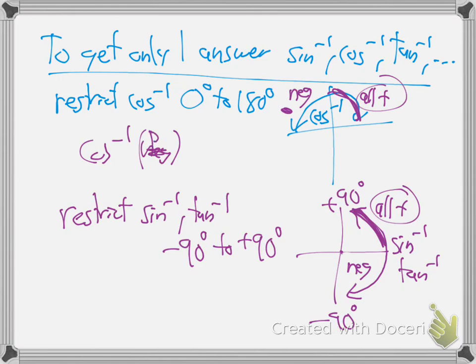If it's cosine inverse of some positive thing, then for sure first quadrant, all are positive in the first quadrant, you know, the all students take calculus thing, right? If I'm doing sine inverse or tangent inverse and I give you some negative thing, you right away go, oh, fourth quadrant, because sine is negative and so is tangent in the fourth quadrant. So positive is first quadrant, they're all positive in the first. Make sense? So you look for that right away.